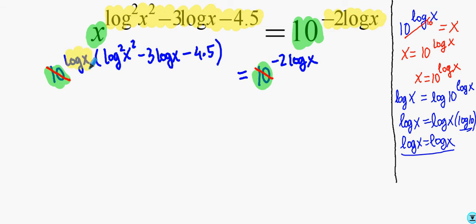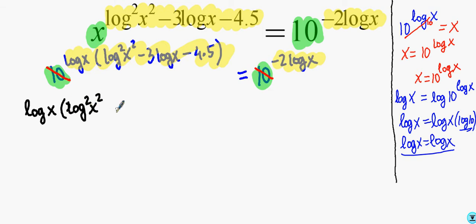So this here in yellow equals that here. So I'm going to write that statement and say that log x times (log x squared minus 3 times log x minus 4.5) should equal negative 2 times log x.